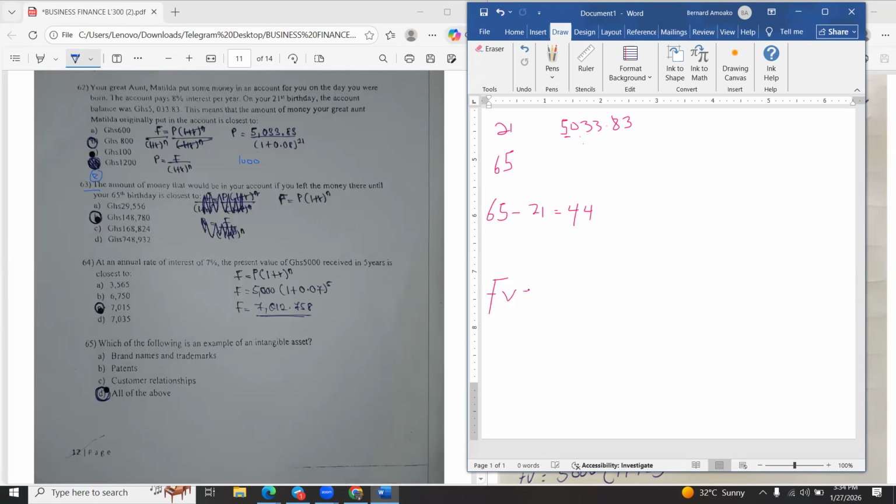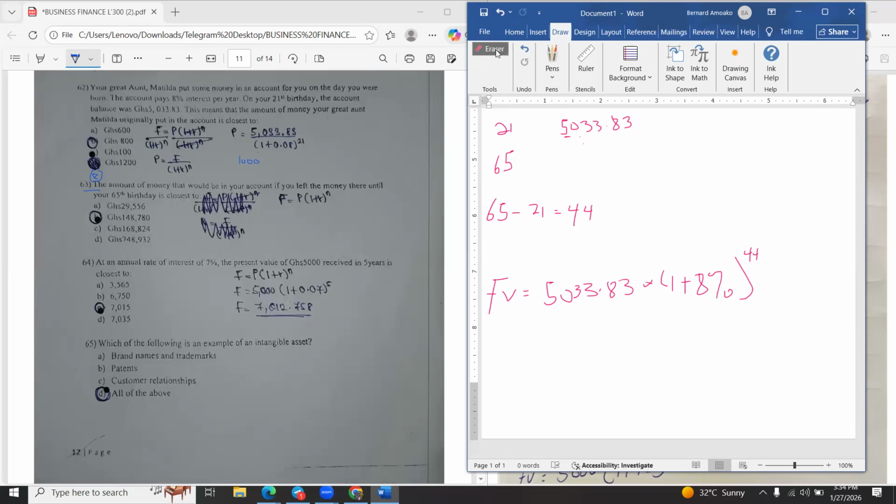Future value would be 503.83 multiplied by 1 plus the 8% from question 62 raised to the power of 44 years. That should give you 148,780.